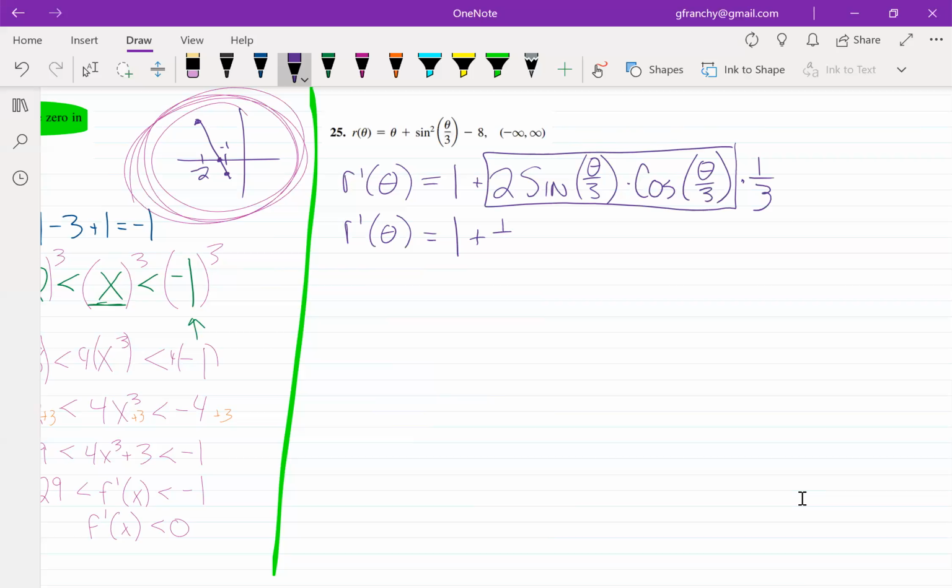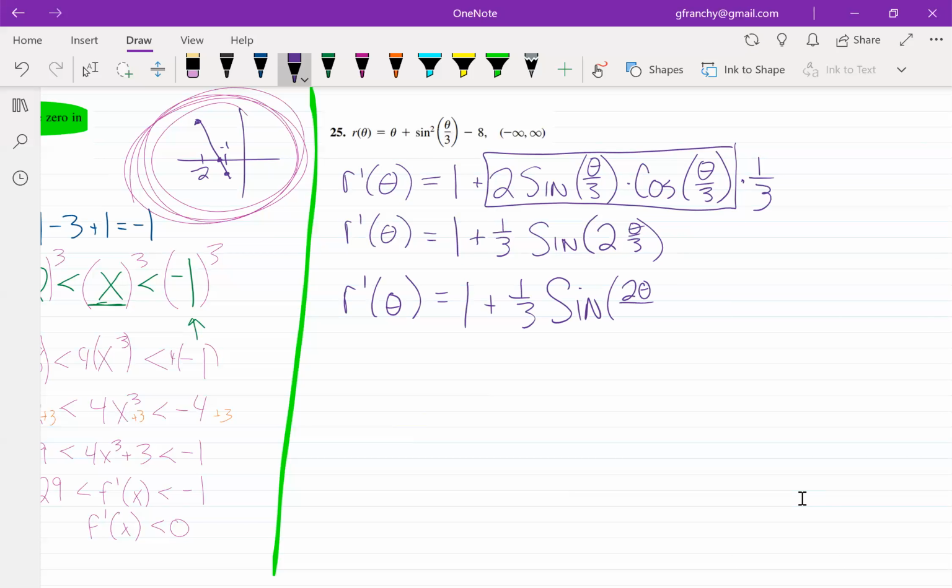I'm still going to put the 1/3 out front. And then this is going to be the sine of 2 times theta over 3. So rewriting that one more time, we have this.